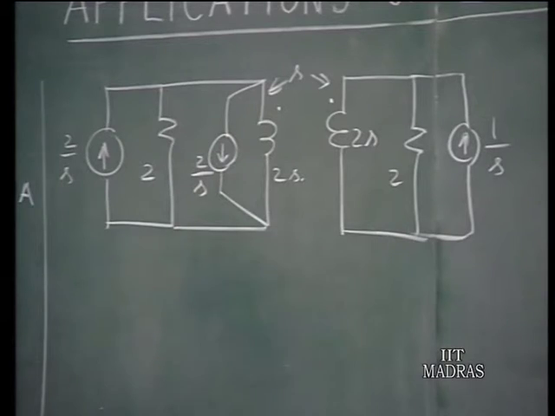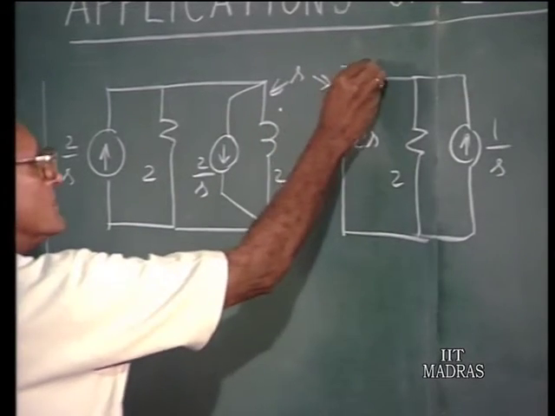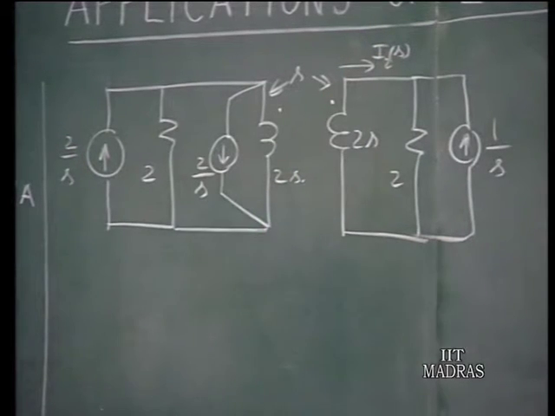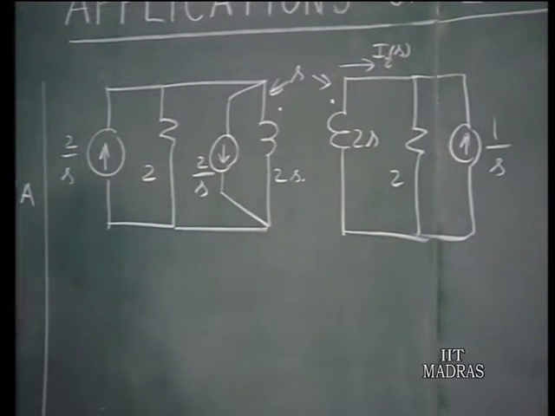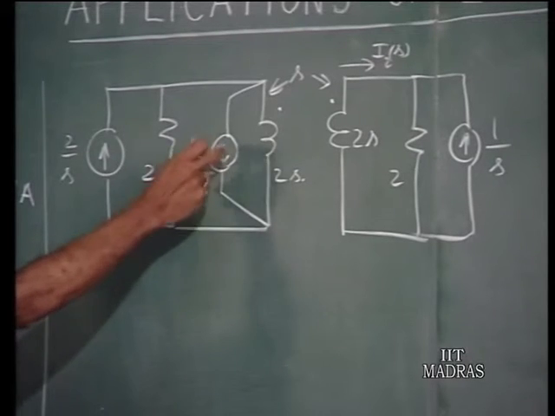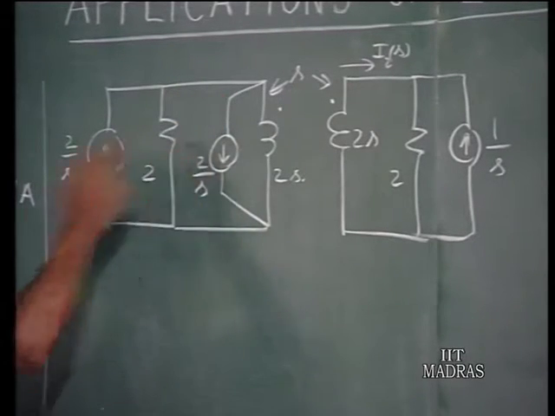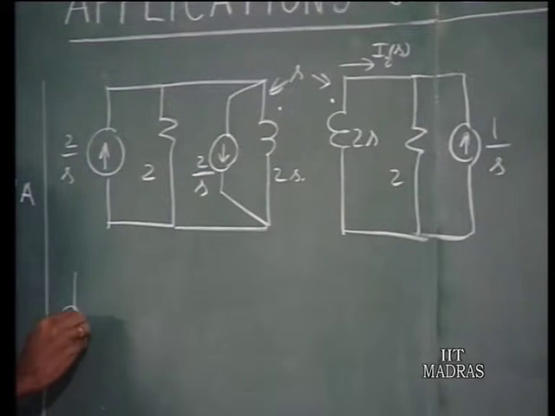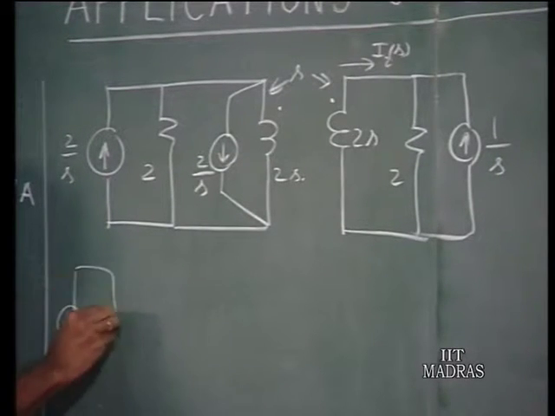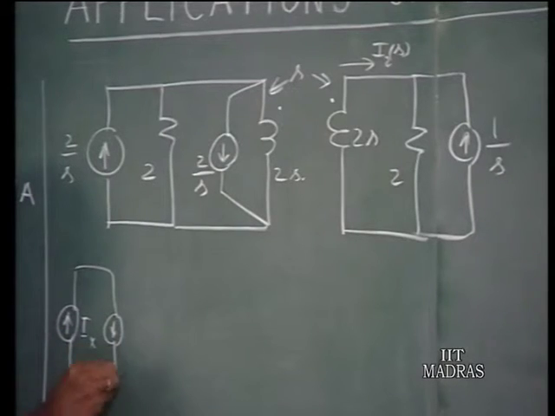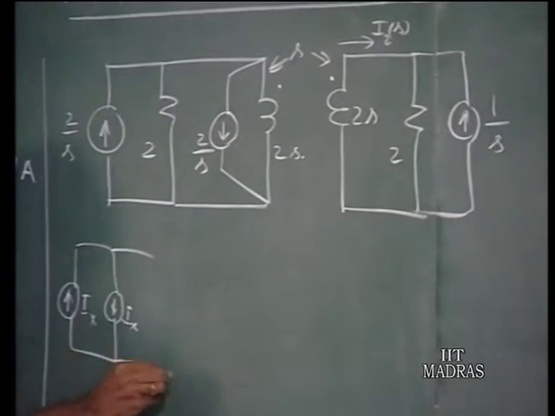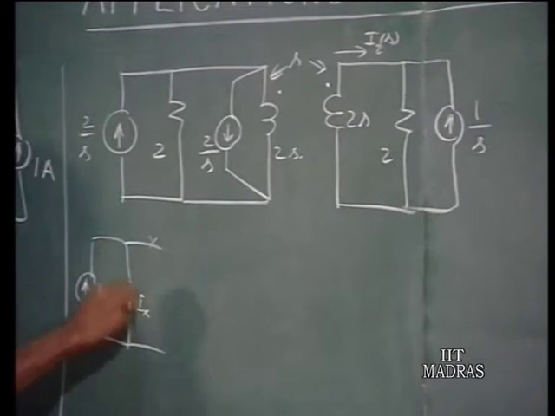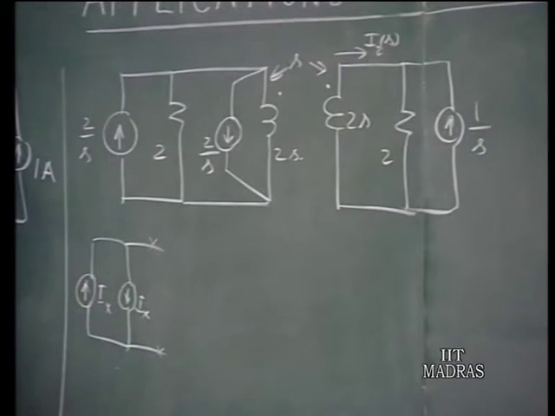Now, in this we are interested in finding out I2 of S. This is what we are after. Observe here that 2 by S and minus 2 by S coming together at the same node cancel each other out. That is, if you have a current source here of some amps, say Ix, and another current source of Ix here, both of them cancel each other out, and therefore the net current in whatever they are connected to is 0.